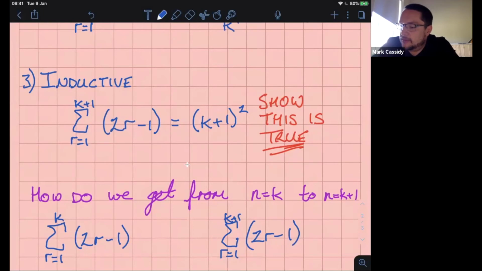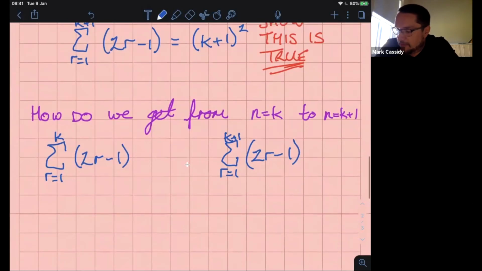Okay, so these are two different things simply because this one on the right hand side has more terms. It has one more term in it.